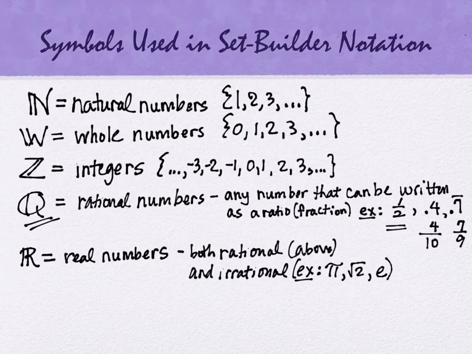And the reason they're irrational is because they don't have any way to write them as a ratio. You might remember that the number pi can be written as 22/7, but that's an approximation for pi still, just like 3.14 is. They're not exact representations. They're just approximations. So those are considered irrational numbers. So if you combine the irrationals with the rationals that we already have, you have the real number system.